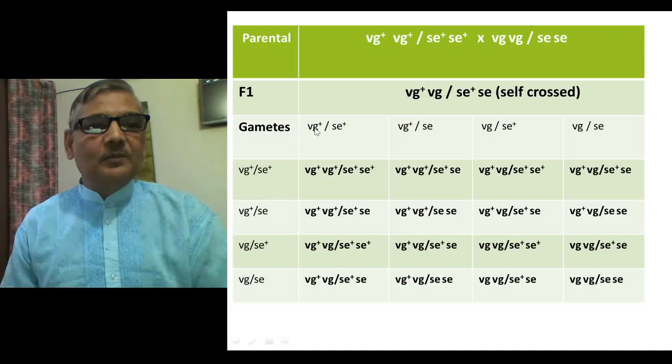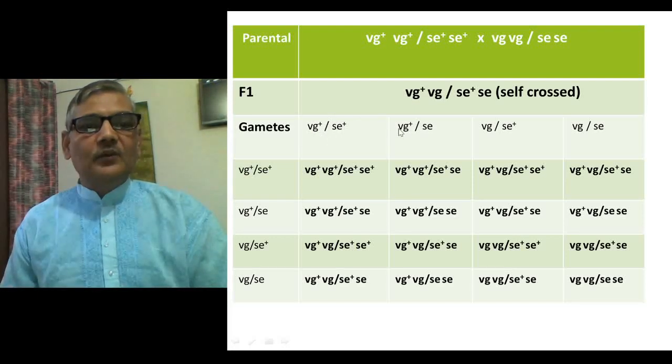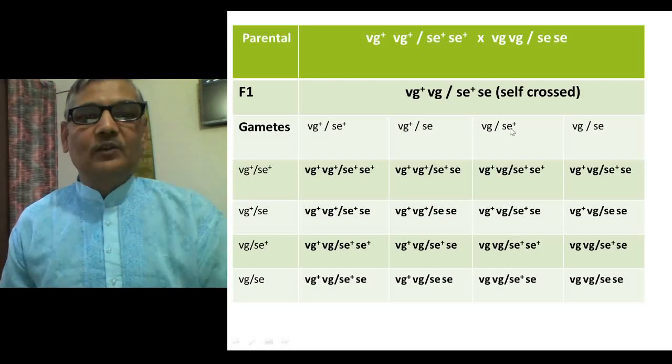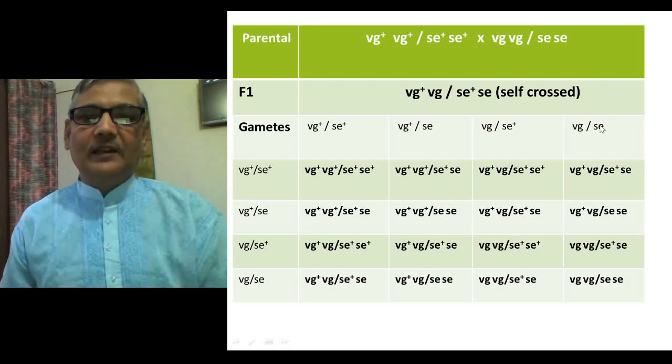Gametes could be Vg+ Sc+, then Vg+ sc, then Vg Sc+, and there could be gametes like Vg sc, that is, on both chromosomes the recessive alleles are present.